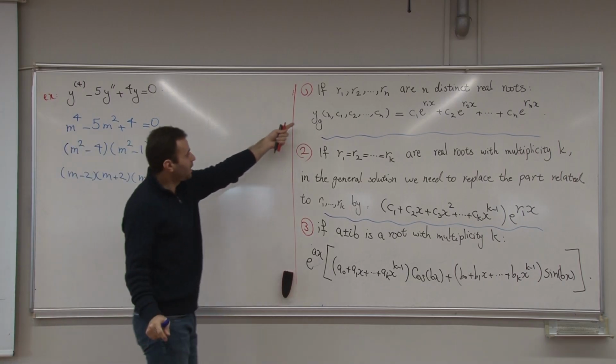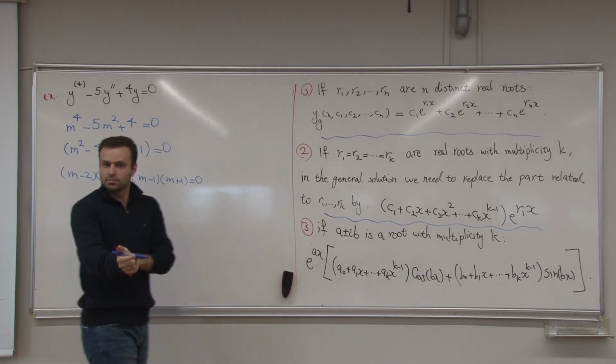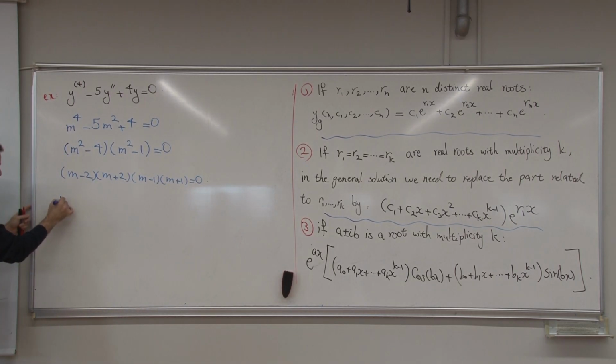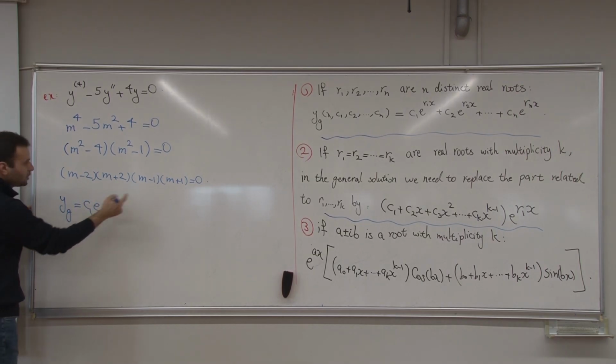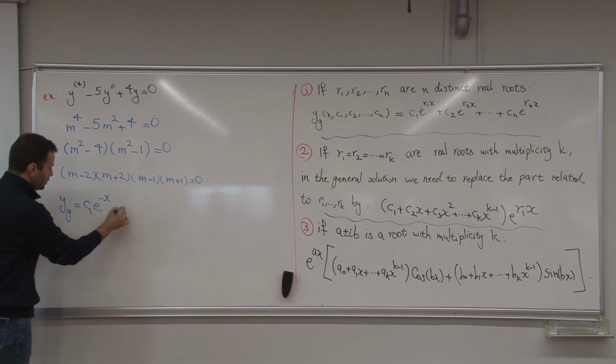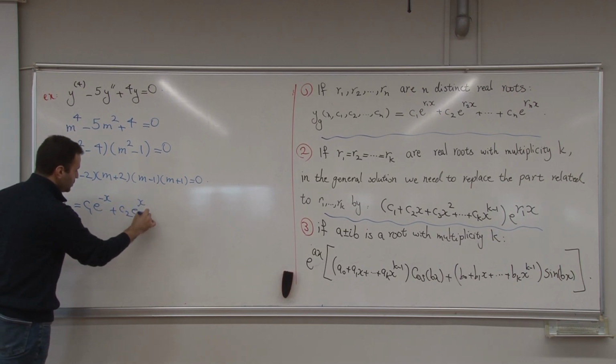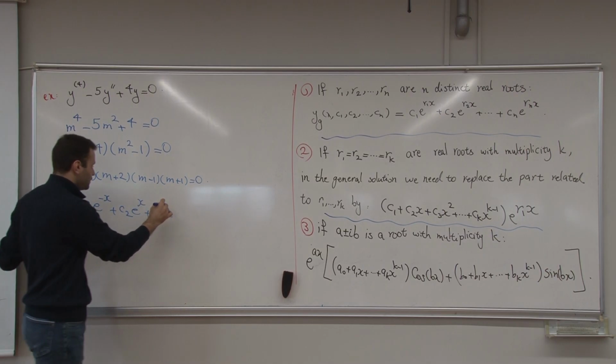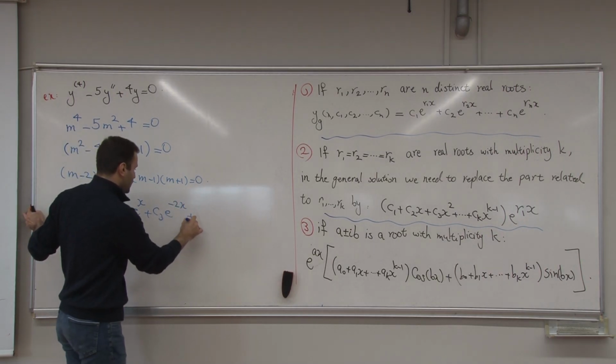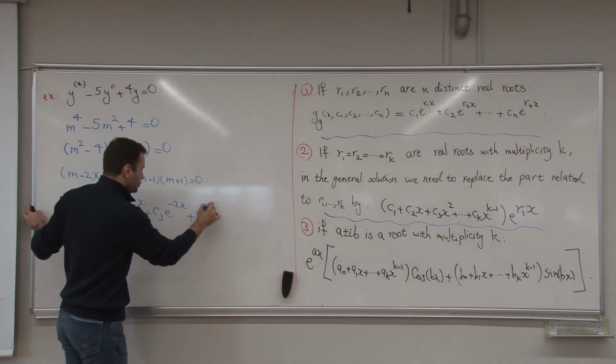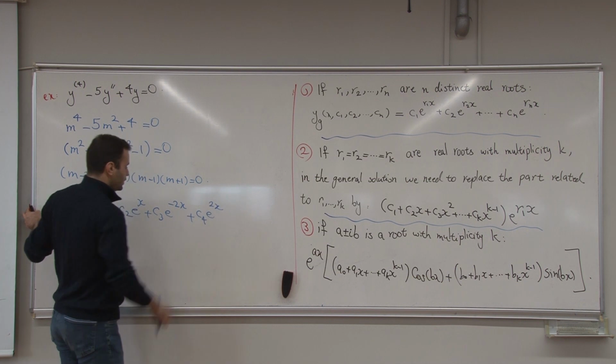We are in this case, right? We have 4 different roots. So our general solution is going to be c1 e to the power of minus x plus c2 e to the power of x plus c3 e to the power of minus 2x plus c4 e to the power of 2x.